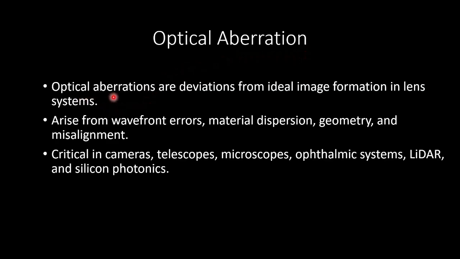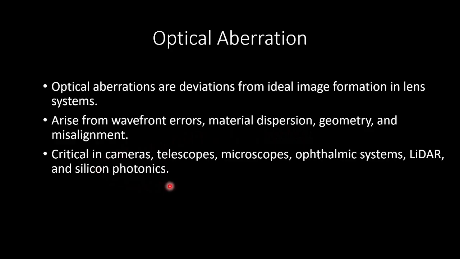In an ideal optical system, all the rays of light should focus perfectly to form a sharp image. But in reality, lenses are not perfect. Sometimes light rays fail to meet at the same point, creating blurred distortion, color fringing, or loss of sharpness. These imperfections are called optical aberrations.